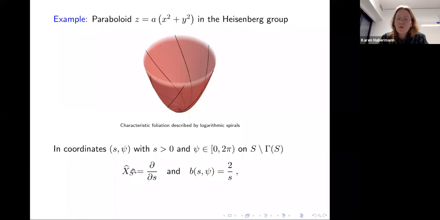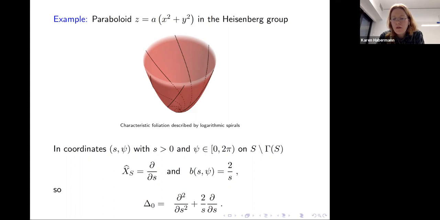And what you then can compute is that your characteristic vector field is simply given as d by ds in that set of coordinates. And this function b is given as 2 over s. That's a fairly straightforward computation if you put everything together, which means that our operator Delta_0 is given of this form.